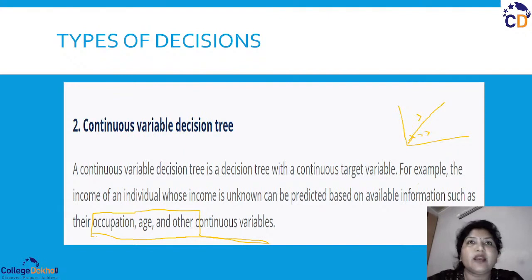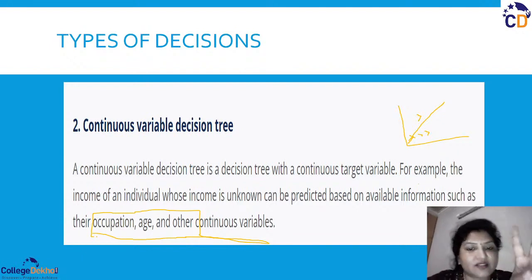So I may have a regression kind of problem, or an output variable that is holding some value, not a category. It should be like your salary would be this much. It is not a yes or no kind of thing.